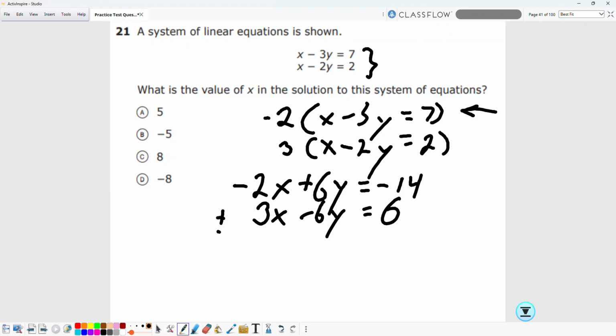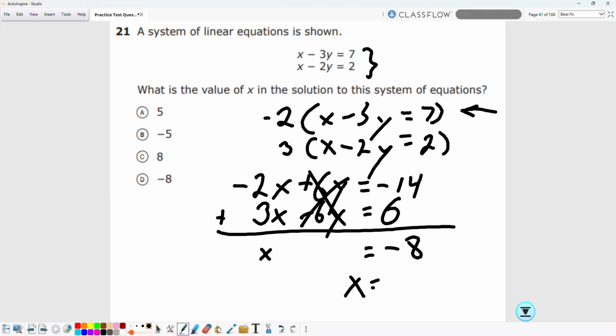So I'm going to add that. So 3x and negative 2x create x. Negative 6y and positive 6y cancel. So I don't have to worry about those. And then negative 14 and positive 6 is negative 8.